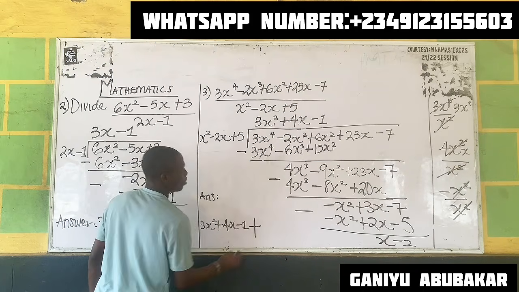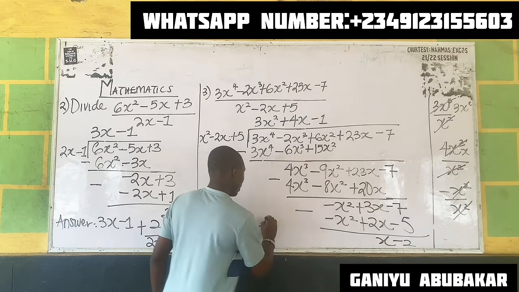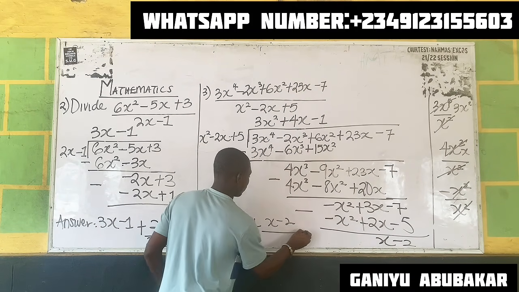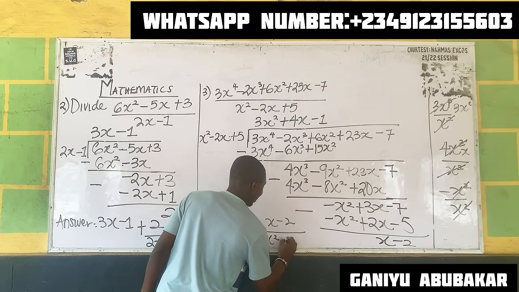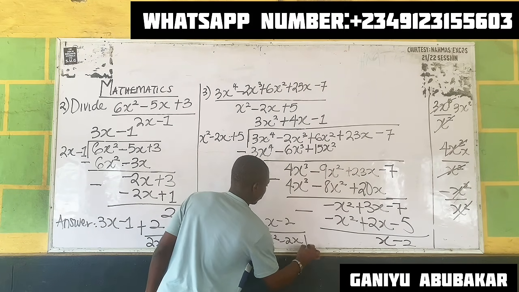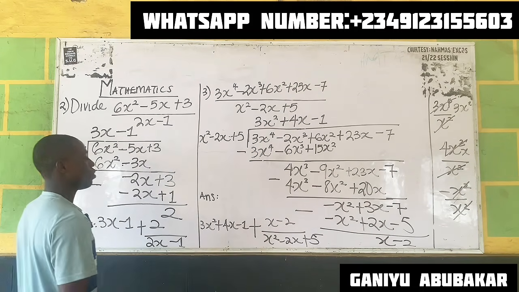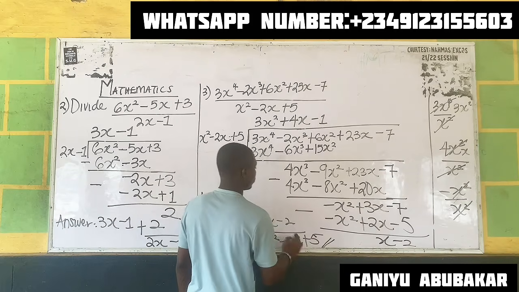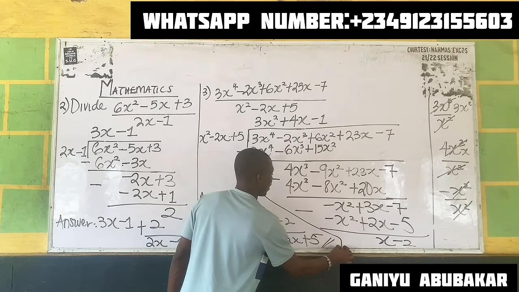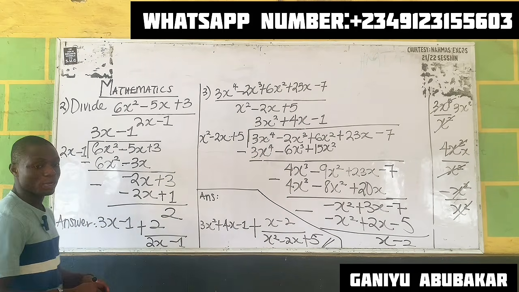Then plus the remainder, x minus 2, all over the divisor, x squared minus 2x plus 5. Alright, that solves this particular question. So this is my answer to this question.